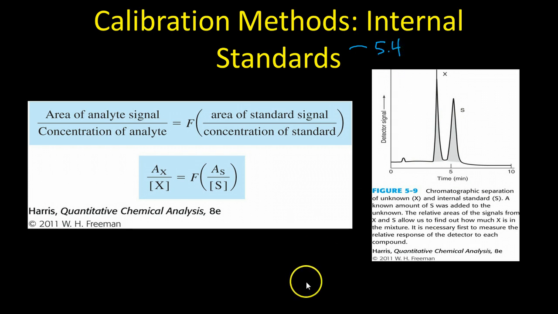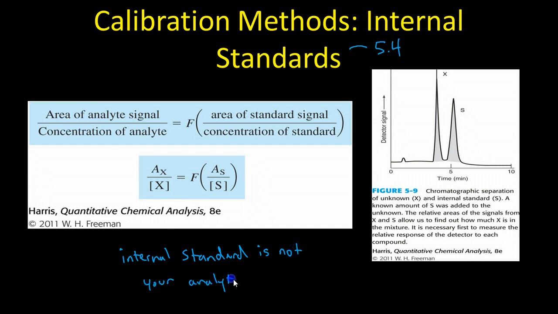What you do is essentially use a standard of a compound that is not your analyte, but is very similar to it. The idea is that anything that affects your analyte should hopefully be affecting your internal standard as well.